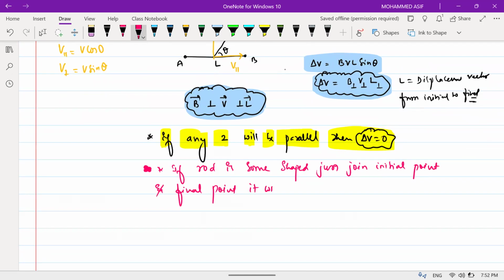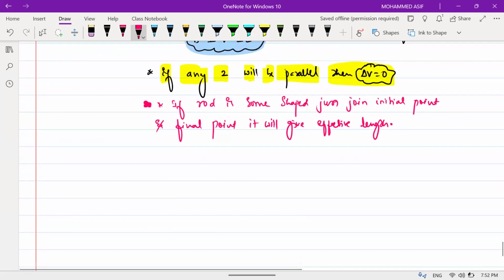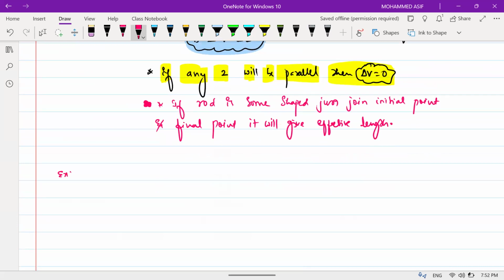It will give the effective length. What do you understand by this point? If the rod is of some irregular shape like S shape, U shape, P shape, semicircle, what do you do? Just join the initial point and final point. Whatever the point you join, that will give me the effective length. Am I clear?